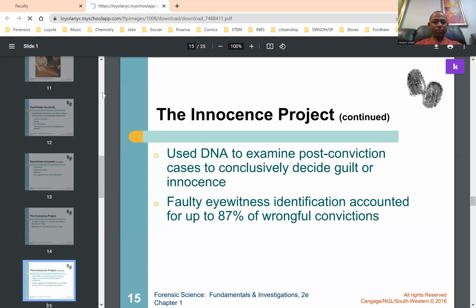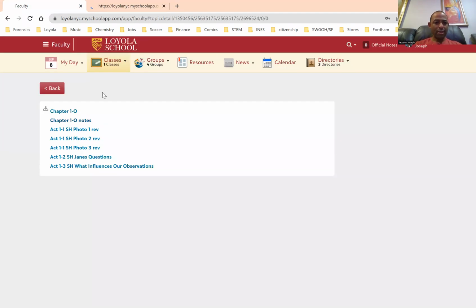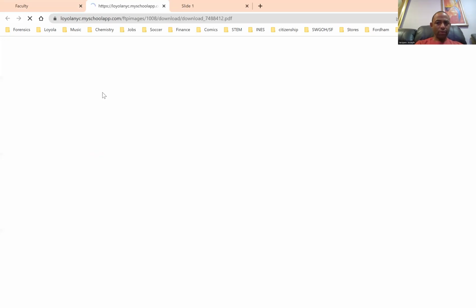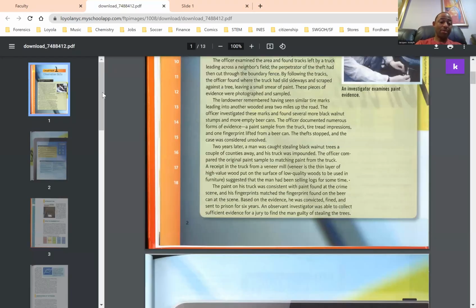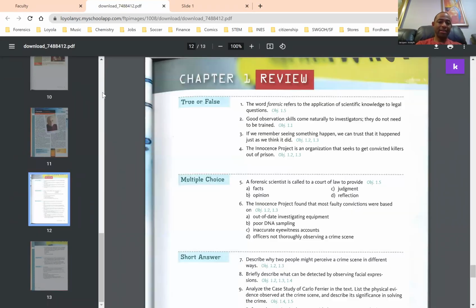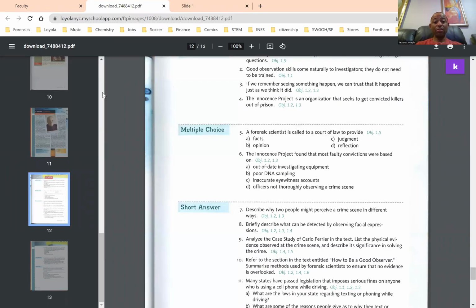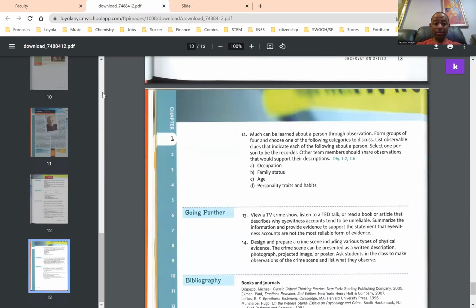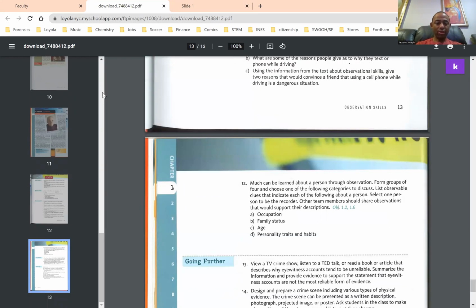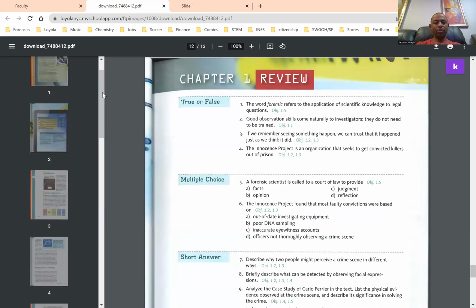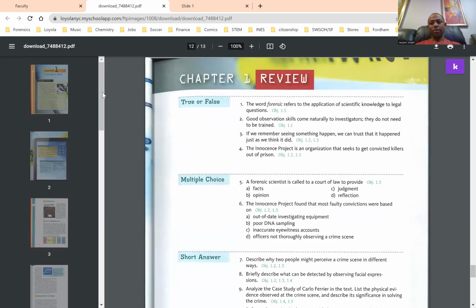If you look at the chapters, this is a chapter, so I scanned it. The chapter review: your first homework of the year is to answer questions 1 to 14 of the chapter 1 review.